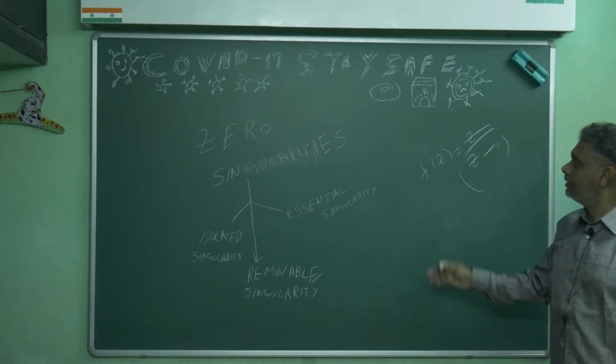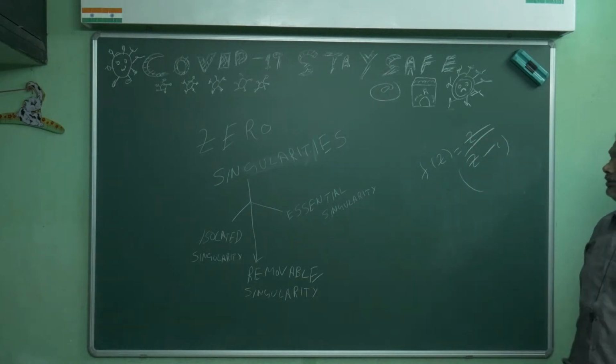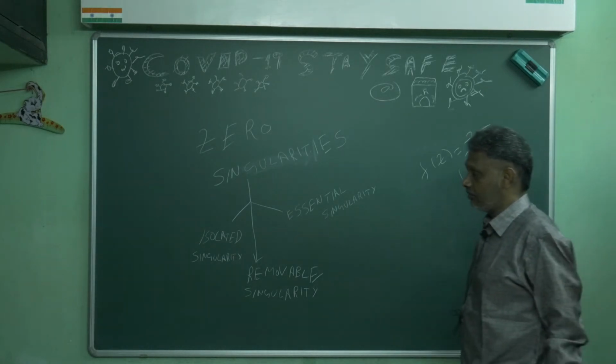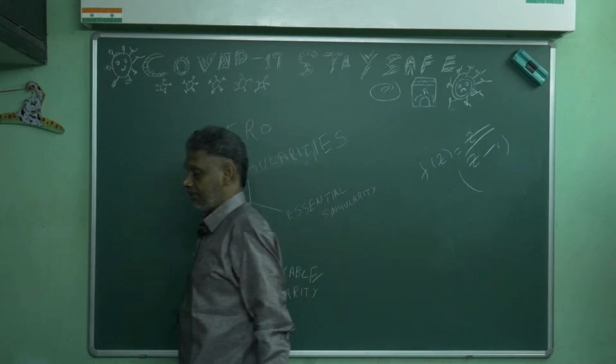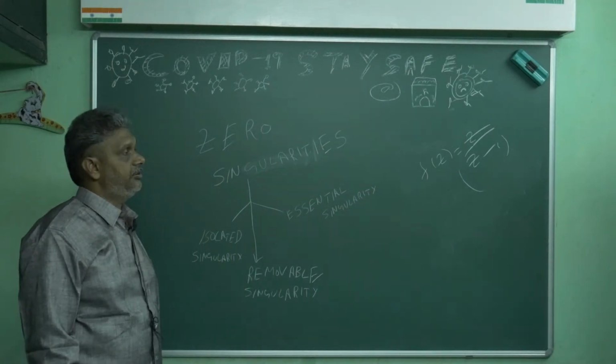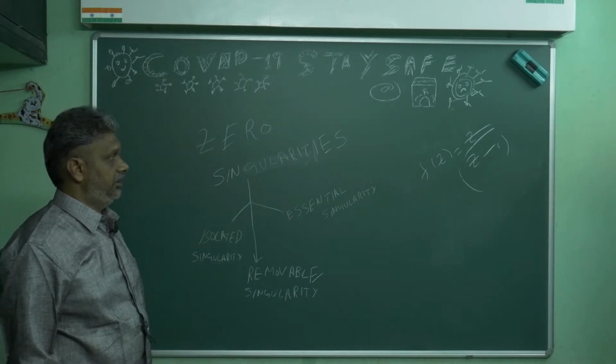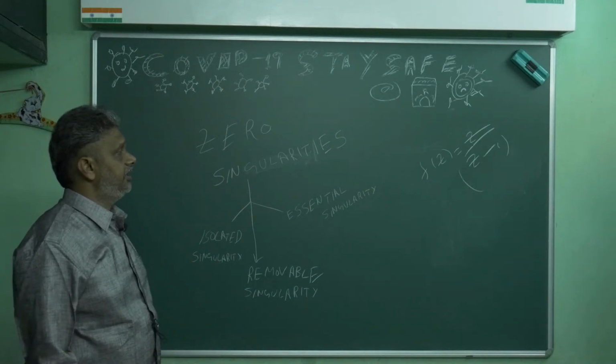Then z equal to 1 is a singular point, since the function is not defined at z equal to 1. Among these we have the isolated singularity. What is the meaning of isolated singularity? Suppose z equal to a is a singular point and in its neighborhood there does not exist another singularity.